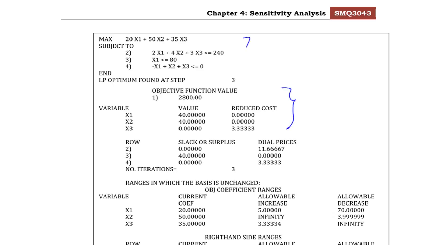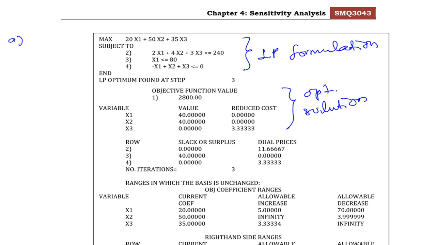This is the LP formulation, and this one is the optimal solution. So for part A, we can see that the Z value is RM 2,800. Okay, don't forget the unit.